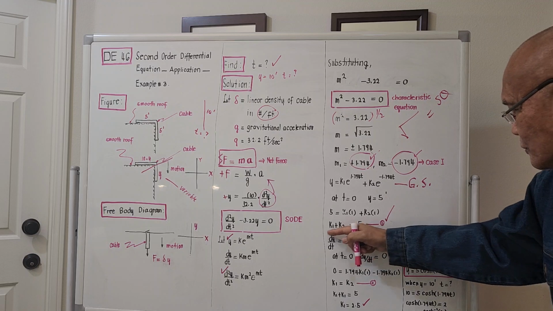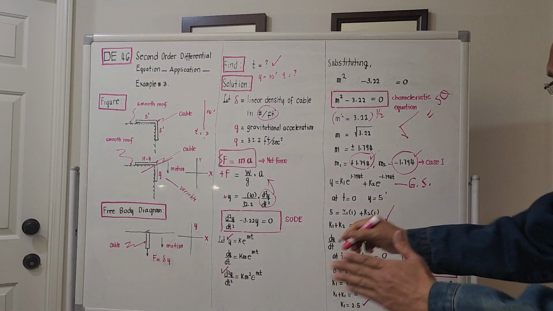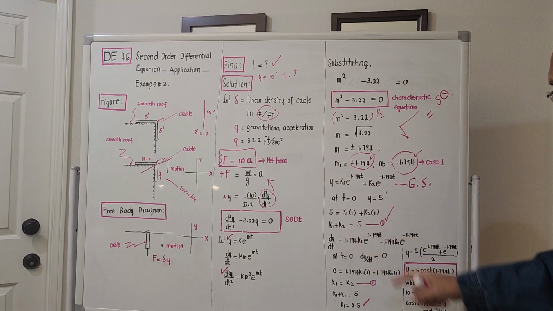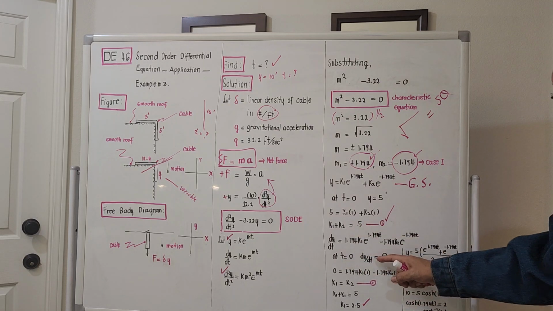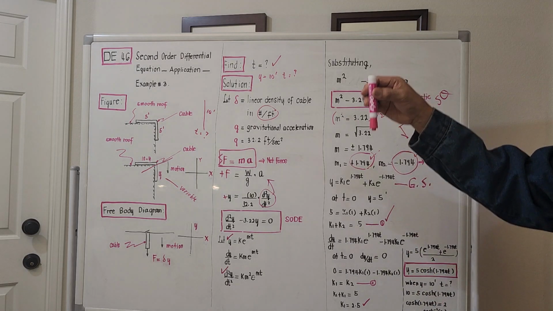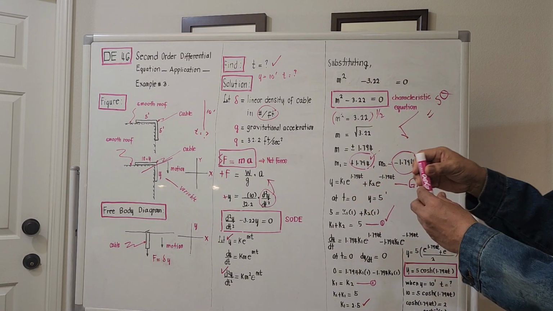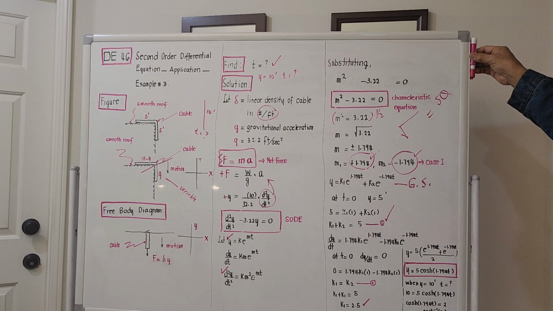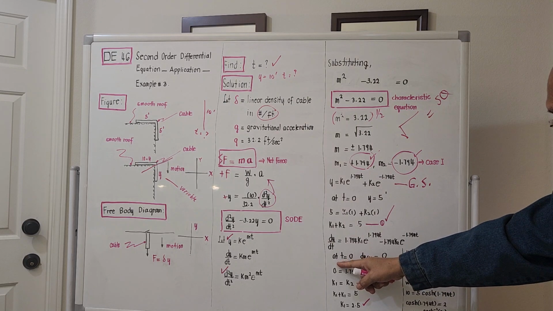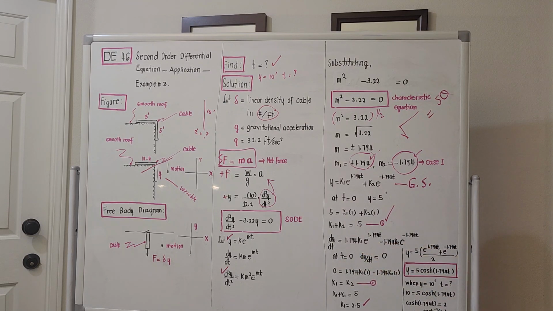We need this equation to bring out another relation involving K1 and K2. At time t equal to 0, dy/dt equals 0. Okay? It starts from rest. When the length of the cable that is hanging is 5 feet, the initial speed is 0. So I place it here: at time t equal to 0, dy/dt is equal to 0.